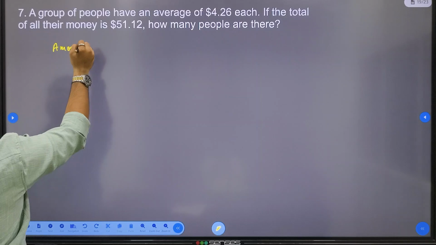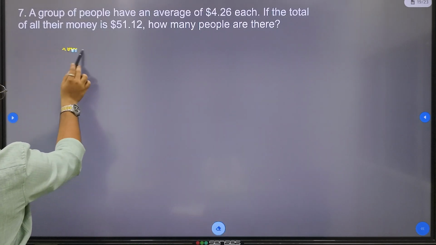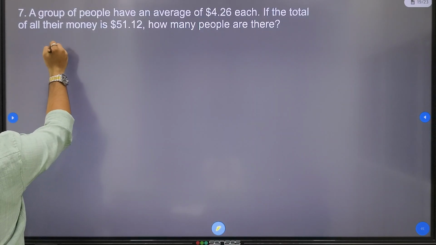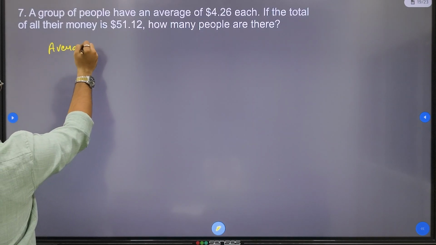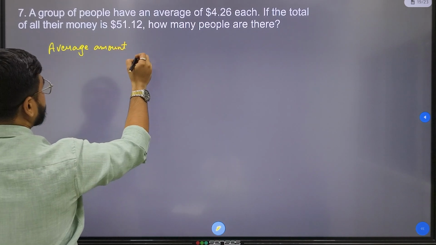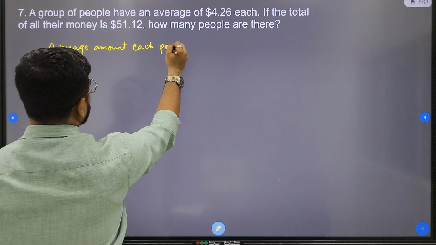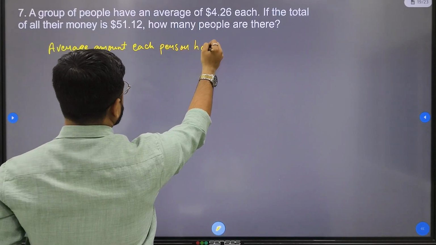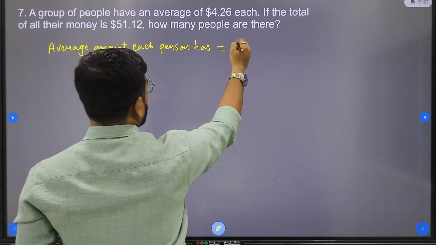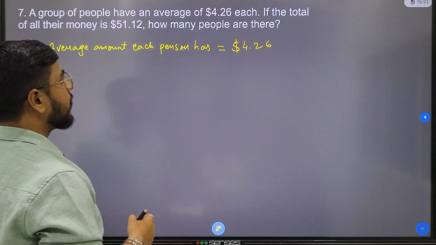We can write average amount, as average has been mentioned. Average amount each person has is $4.26.